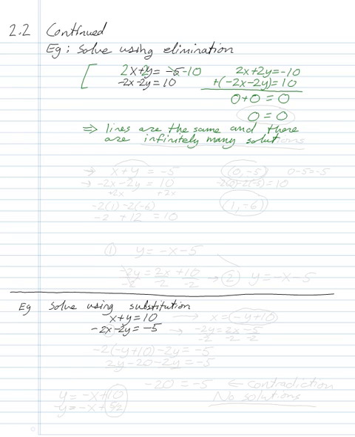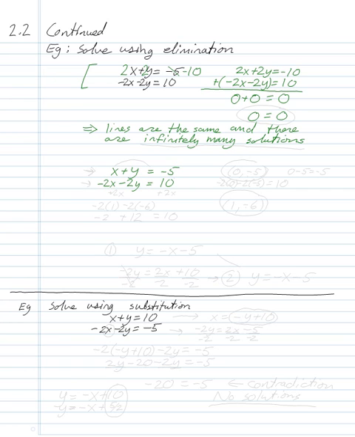As an example, let me see. Our original system was x plus y equals -5 and negative 2x minus 2y equals 10. So a solution point to either equation will be a solution to the other.